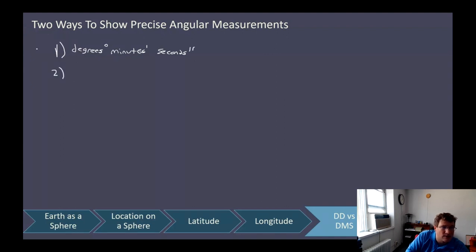The other way is to see it written as decimal degrees.